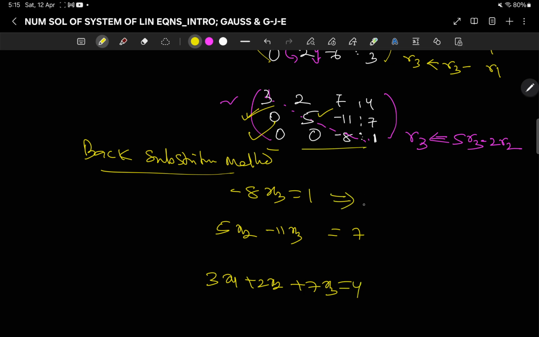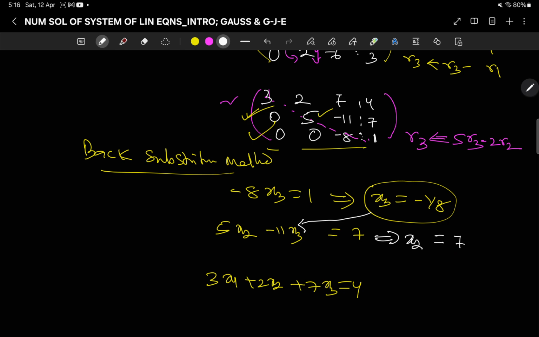Solving the last row we get x3 is equal to minus 1 by 8. We substitute this x3 here and solve for x2. So x2 will be 45 by 40, which is 9 by 8.